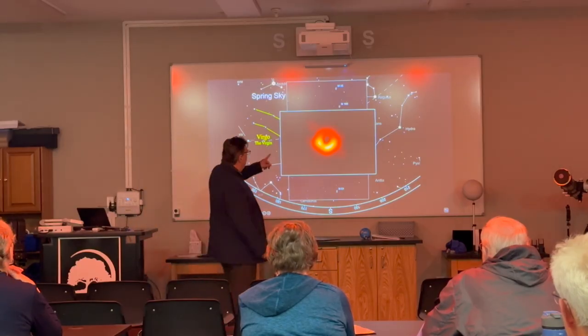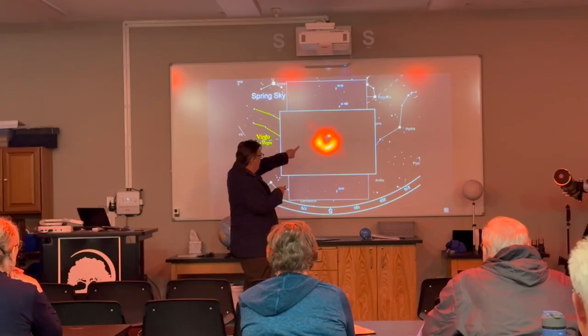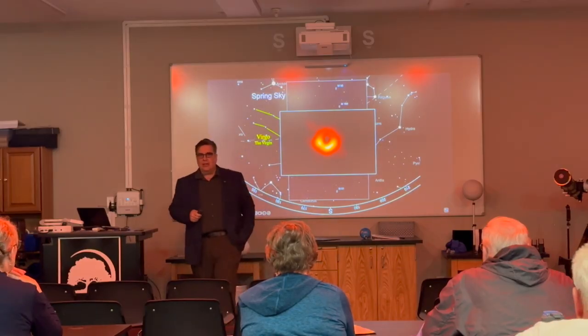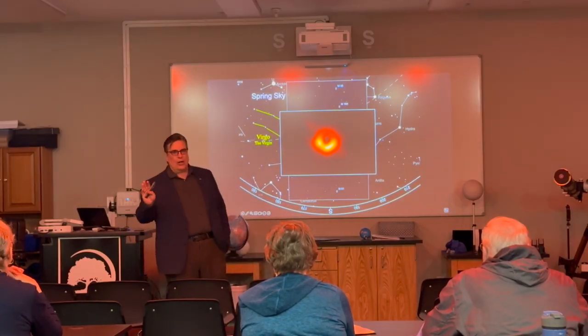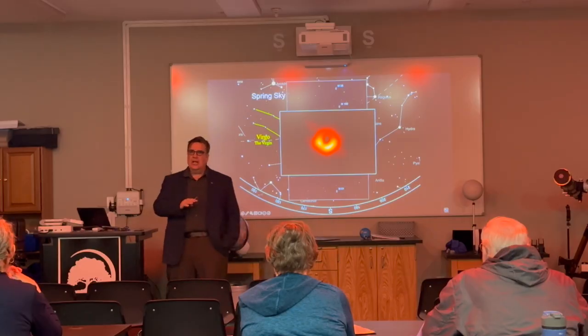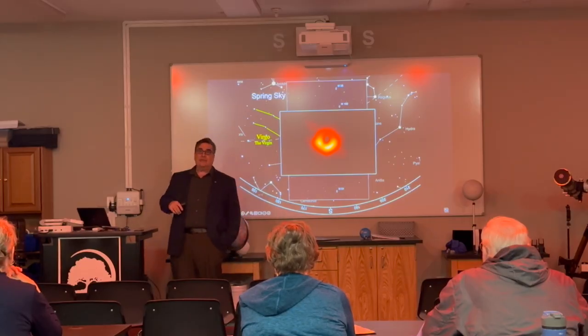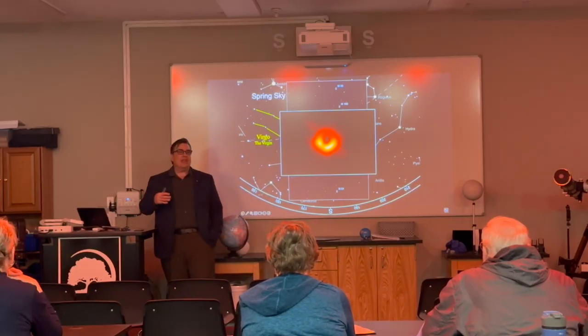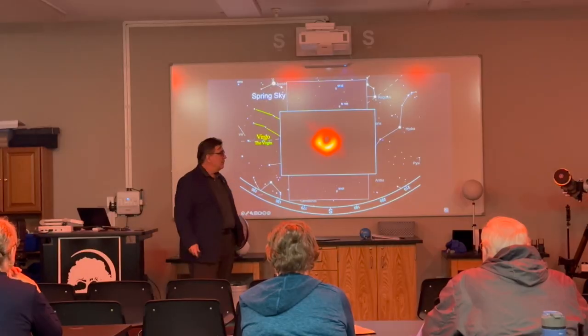This is the event horizon of a supermassive black hole. This is not a stellar black hole. This is a supermassive black hole. This particular one has billions and billions of solar masses inside of it.